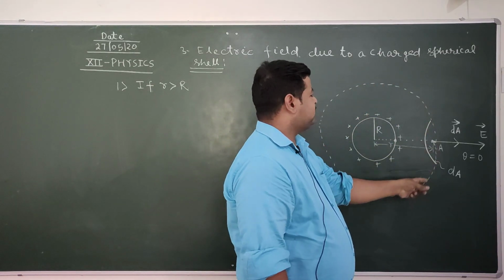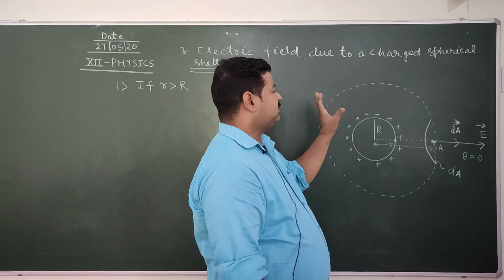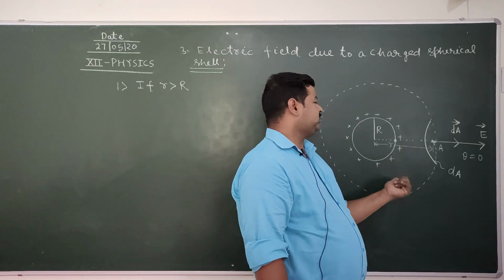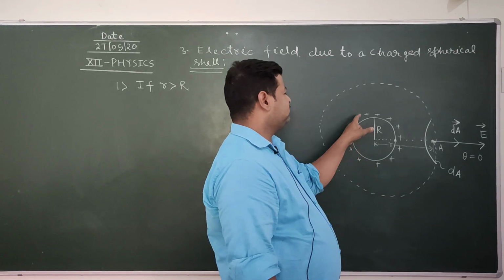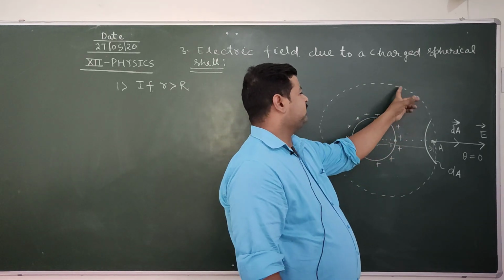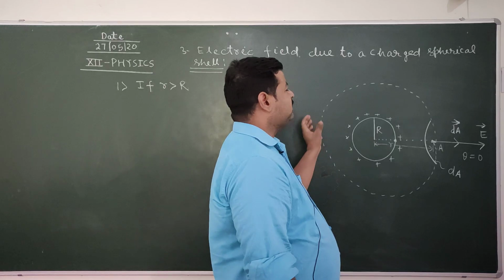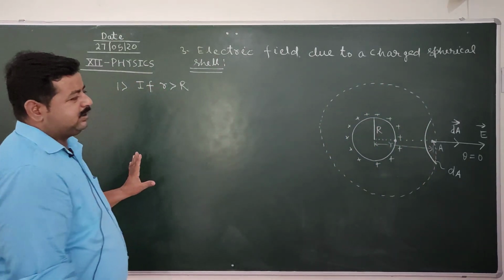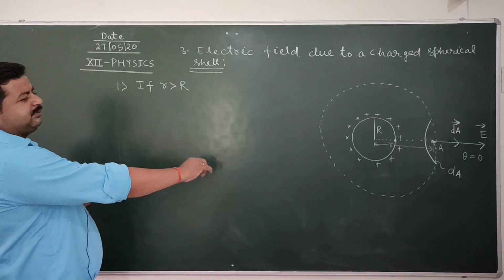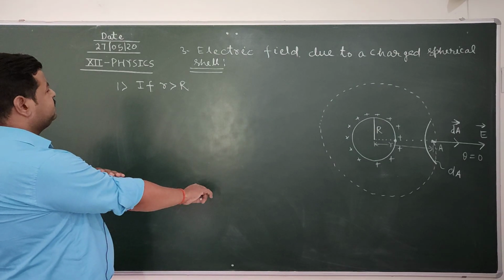And this surface is taken spherical because the surface is symmetric to the charge given to a body. Since the charge is given to a sphere, here the imaginary surface is also spherical. Clear?